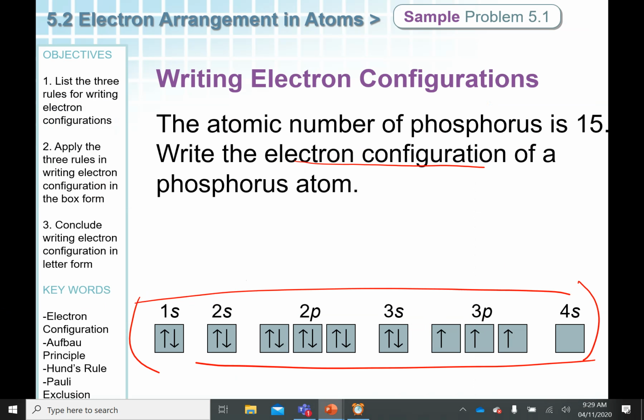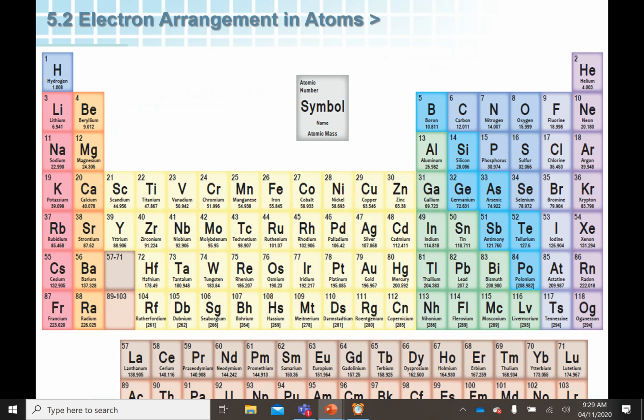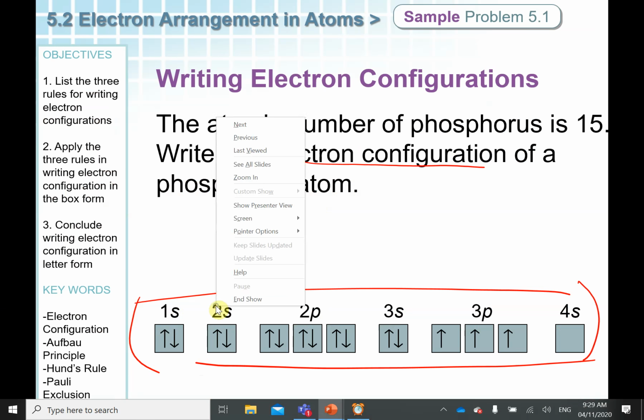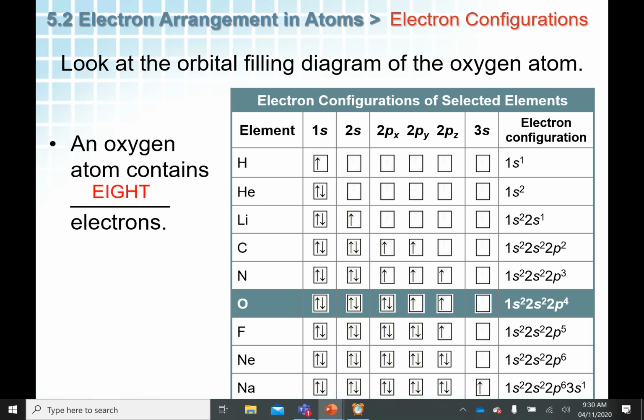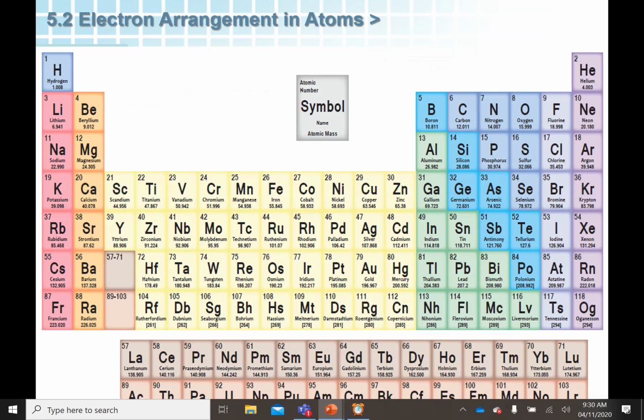We need to write this, okay? They gave us the atomic number, which is 15. We'll first go to the periodic table to write the electron configuration, to make it easier for us to draw the arrow diagram, the box diagram.